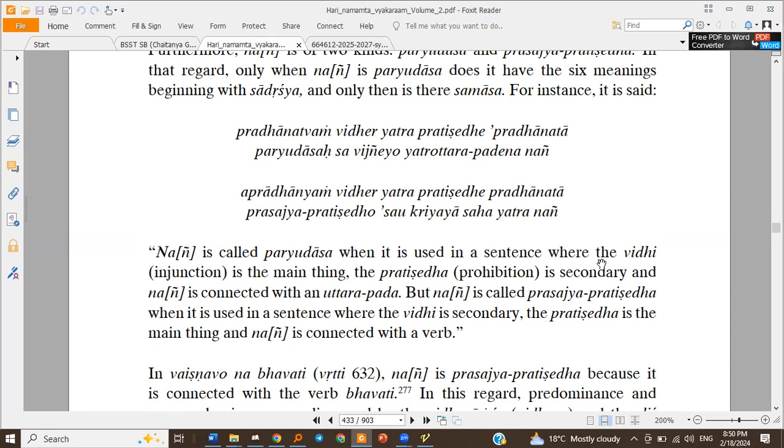Just a small element na, and then such an elaborate discussion.